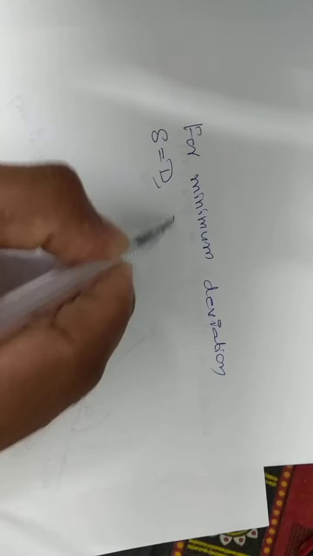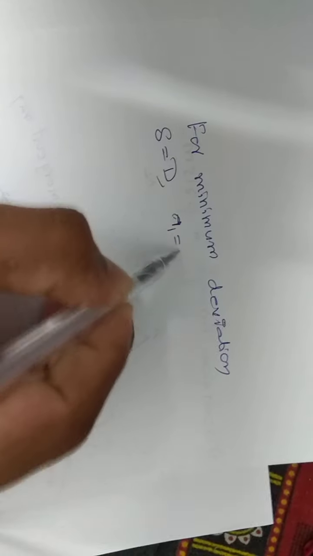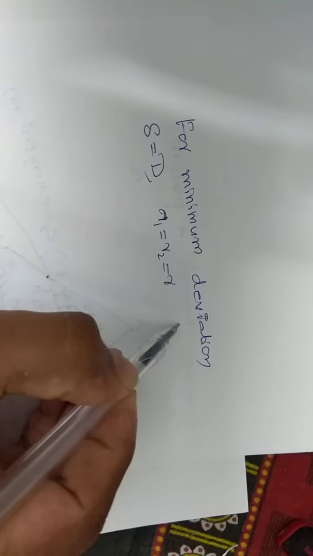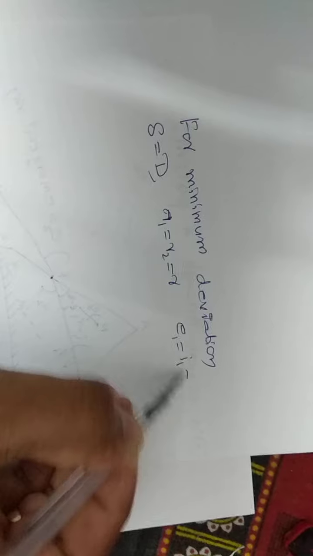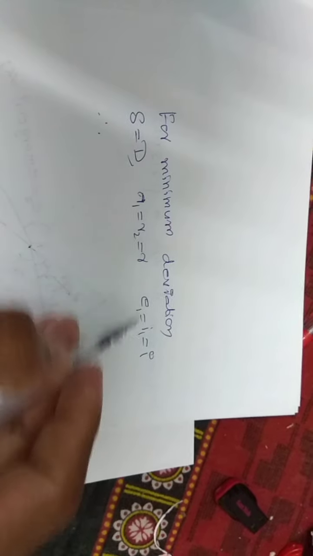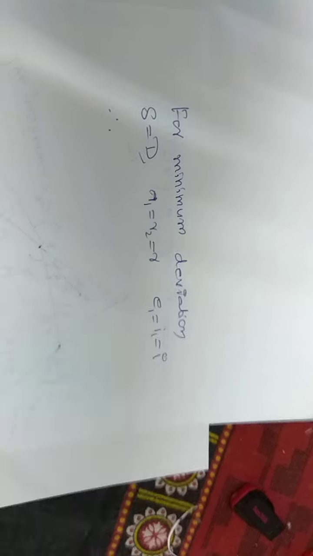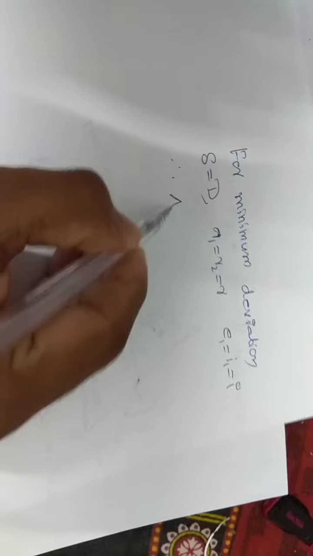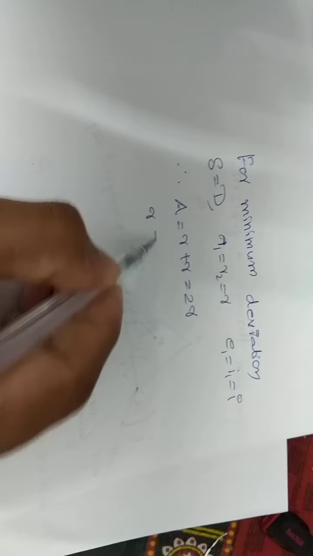Delta is equal to D, R1 is equal to R2 is equal to R, E1 is equal to I1 is equal to I. Okay, so equation 3, R1 plus R2 becomes R plus R. So A is equal to R plus R is equal to 2R.